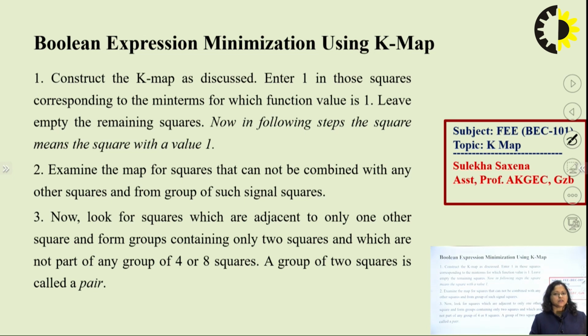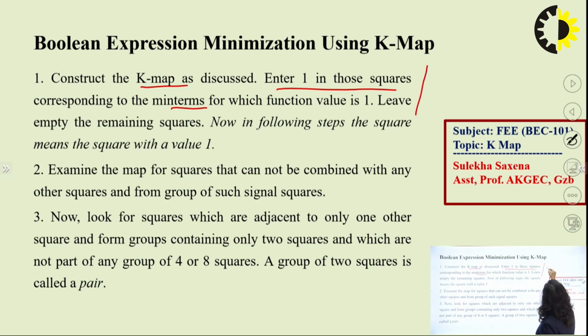Now, regarding the steps to draw the KMap. First of all, draw the KMap based on SOP or POS form. If we consider the min term expression, then enter 1 in the squares corresponding to the min terms for which the function value is 1.